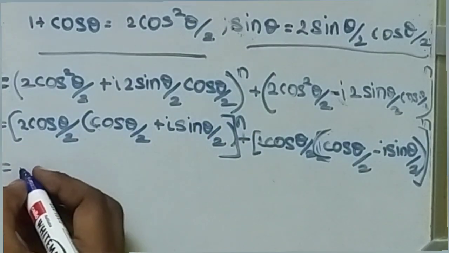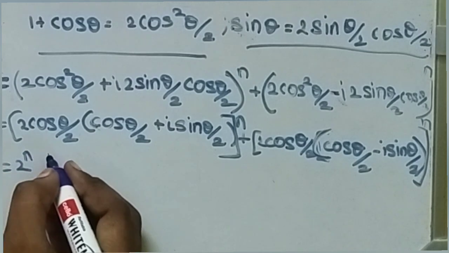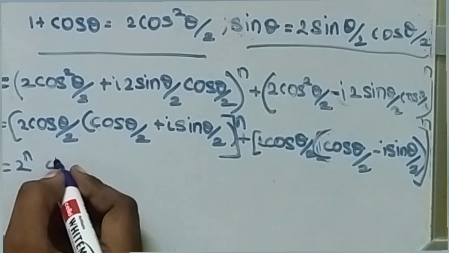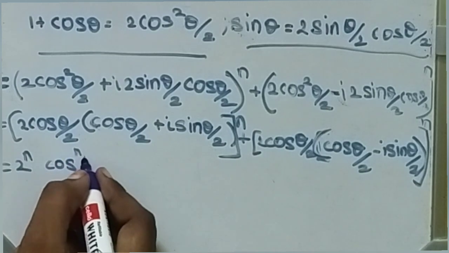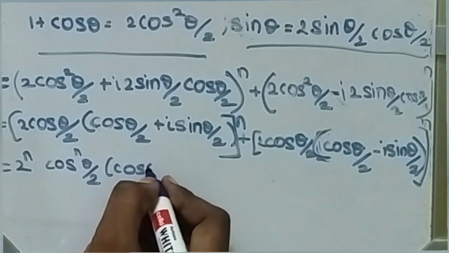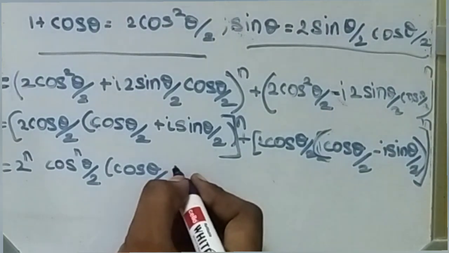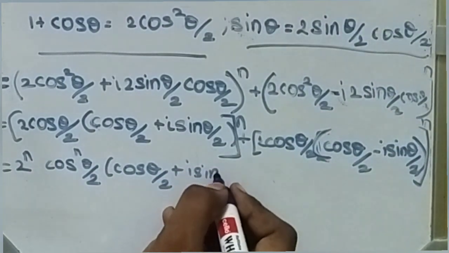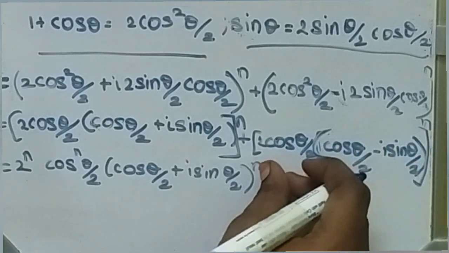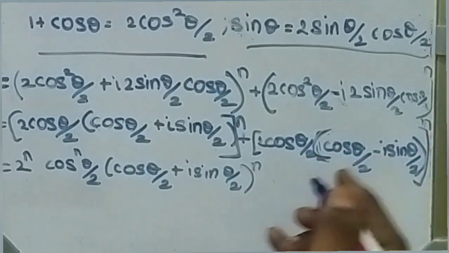So 2 power n will be 2 power n cos power n theta by 2, multiplied by cos theta by 2 plus i sin theta by 2 power n. Likewise, we are going to separately apply the power n.